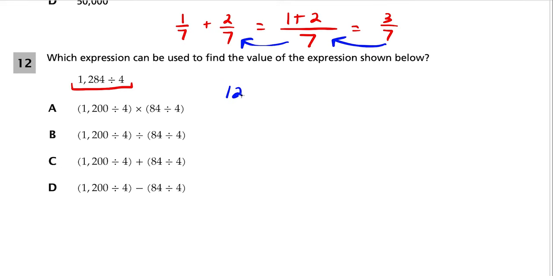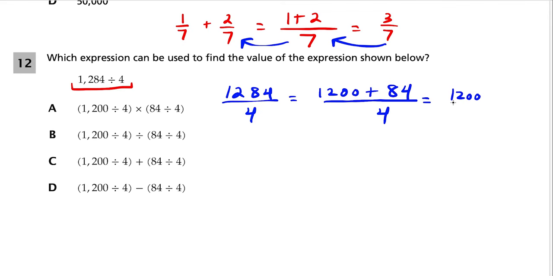So 1,284 divided by 4 is the same thing as 1,284 over 4. And let's say for some bizarre reason, I want to break up the numerator into 1,200 plus 84 over 4. So you see, this is like us starting from the right and going to this middle step here. But now I want to go another step further, and write this as 1,200 over 4 plus 84 over 4.